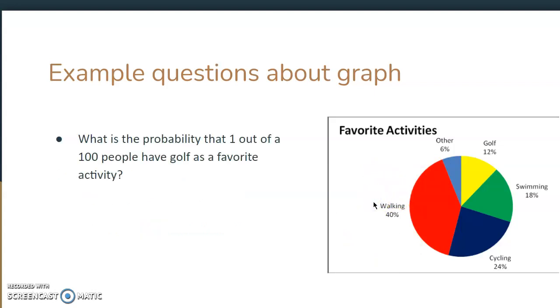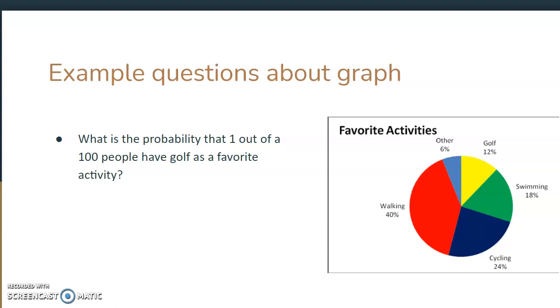A lot of times science and math combine, and we can ask questions like, what is the probability that 1 out of 100 people have golf as their favorite activity? So if I were to pick out of these 100 people and ask them randomly on the street, what is your favorite activity?